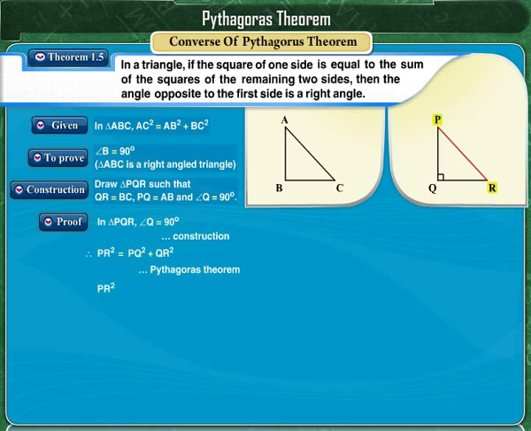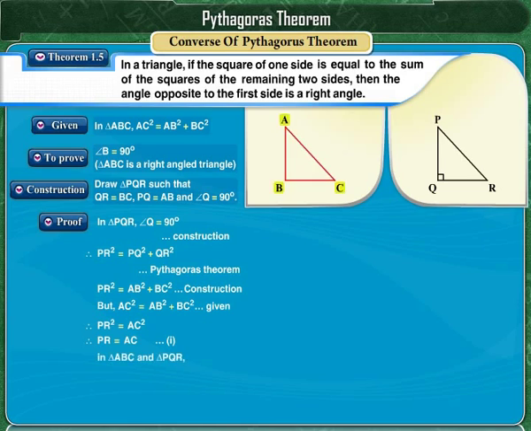Therefore, PR squared is equal to AB squared plus BC squared. It is given AC squared is equal to AB squared plus BC squared. Therefore, PR squared is equal to AC squared, that is PR is equal to AC.